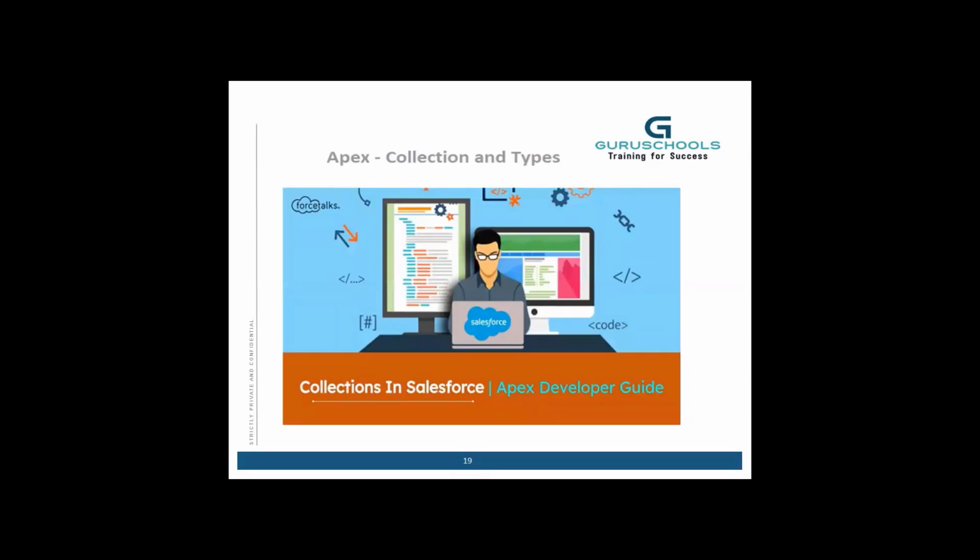Now, as I talked about earlier, what are the collections and their types? As we discussed, there are three types of collections: one is a list, the second is a map, and the third is a set. Without collections, if you want to write bulkified code, or build complex logic, you cannot skip collections.